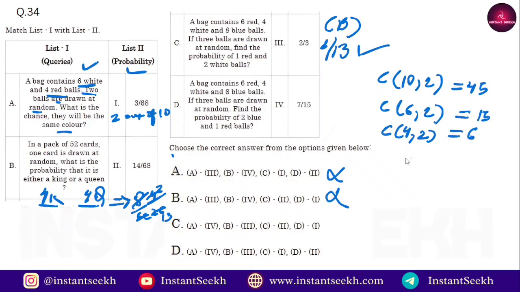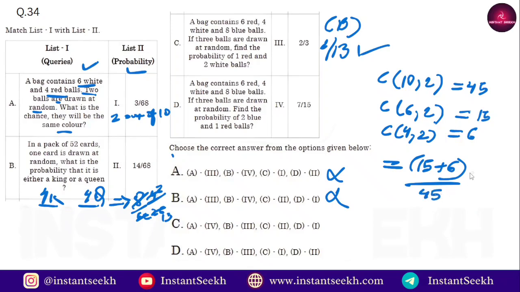Now the probability of drawing two balls of the same color: either I get two white balls or two red balls, which is 15 plus 6, divided by 45.